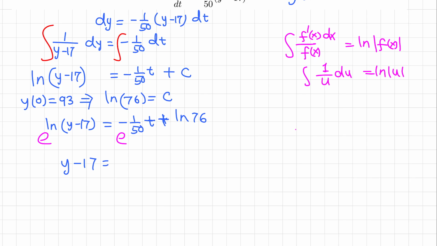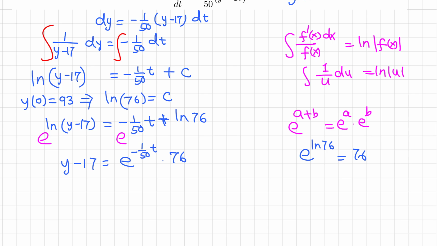It's like e raised to a plus b, that factors as e raised to a times e raised to b. No plus in the middle. So this one is e raised to negative 1 over 50 t times e raised to natural log of 76. e and natural log cancel, so it's 76.